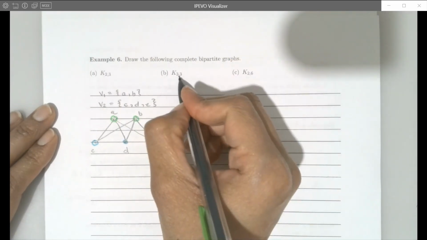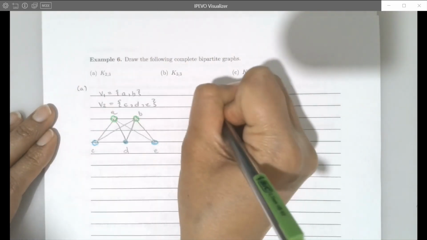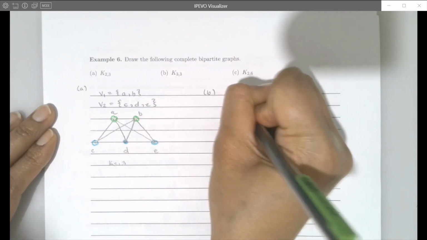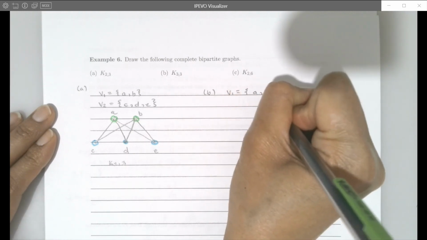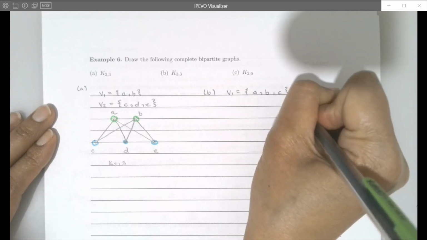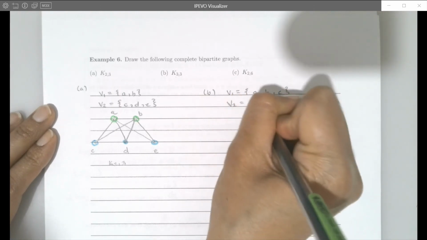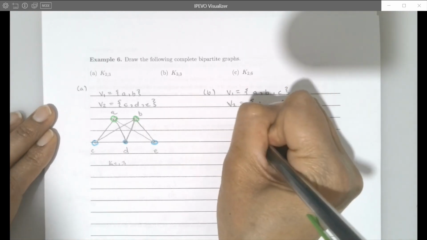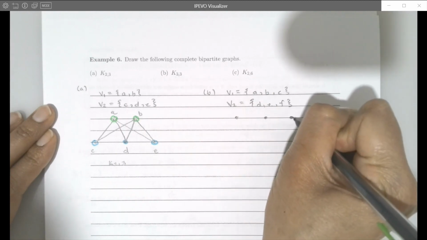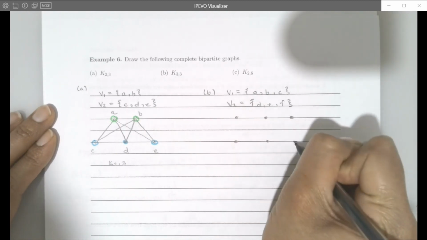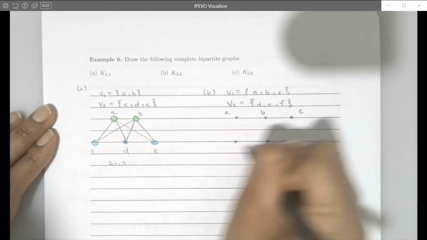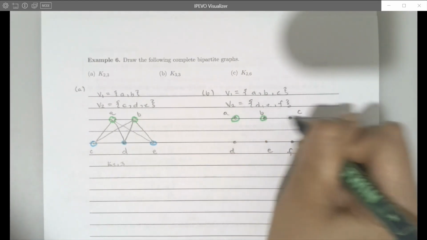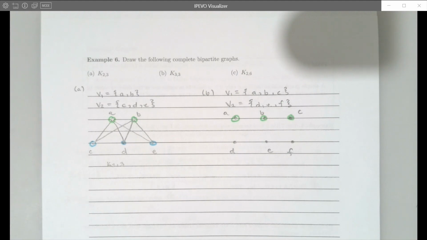Now for K3,3, I guess I should label. For K3,3, that means that we have the first set of vertices with 3 vertices, so A, B, C. And then the second set would also have 3, so that would be like D, E, F. All the nodes that are part of V1 will color code green.